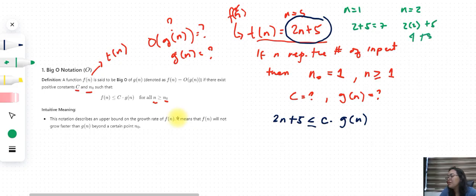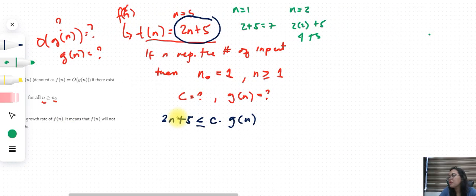Right? If your n is equals to 3, so 2 times 3 plus 5, so this will become 6 plus 5, right? So, kung tanawon na itong sa term ang pinakapaspas ni dako, this is kani, right?